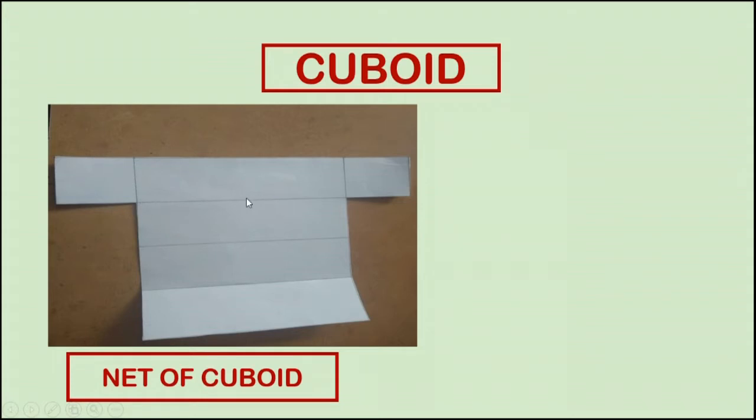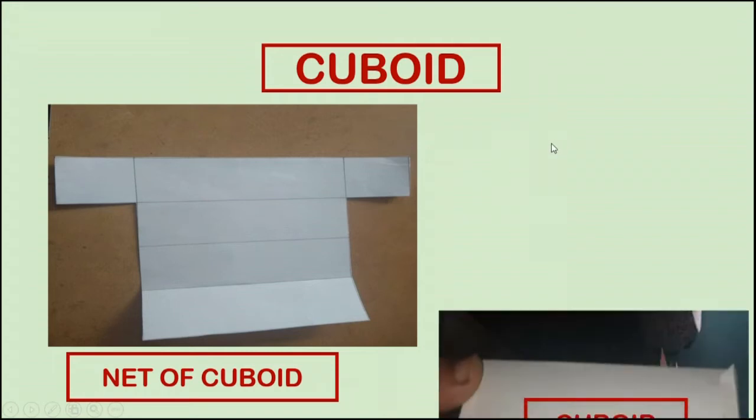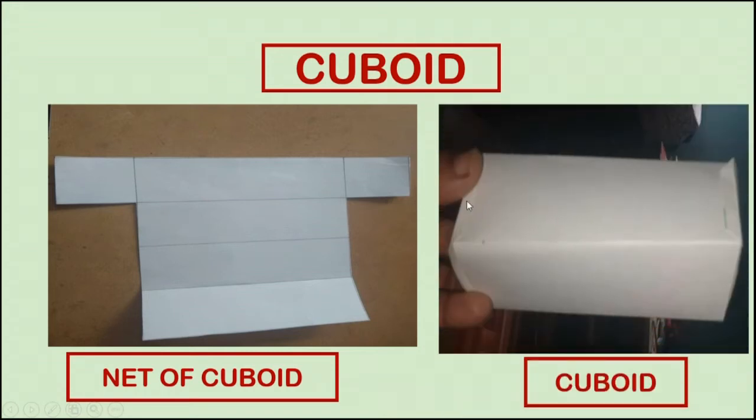Now fold this along the marks. Here I have not made the flaps. It is the actual net. Now you have to fold here on the mark, and fold this here also and this also, so that you are able to make a cuboid of this shape.